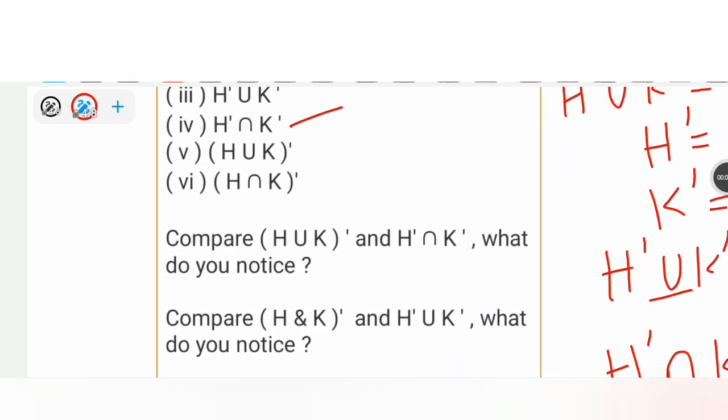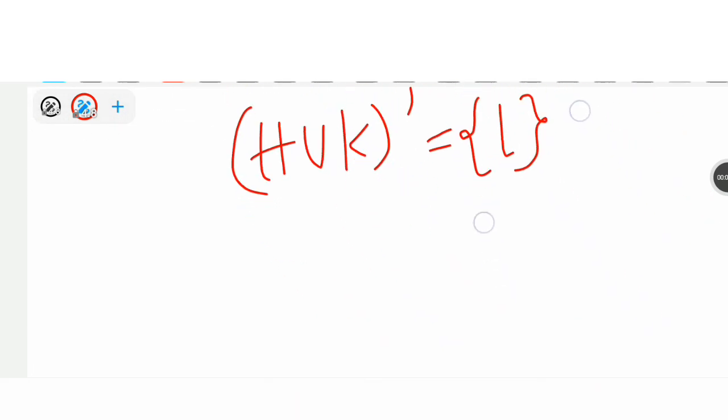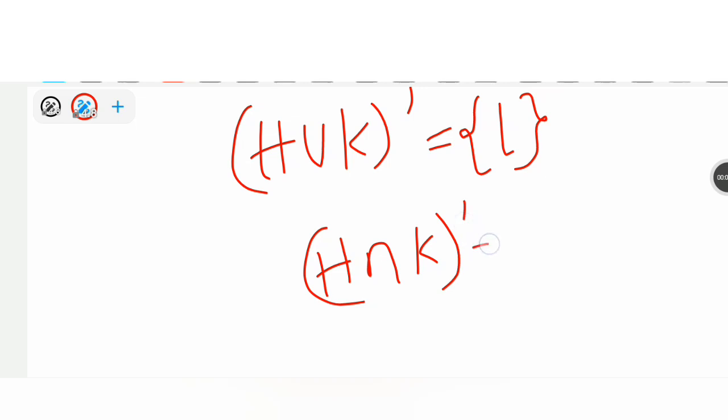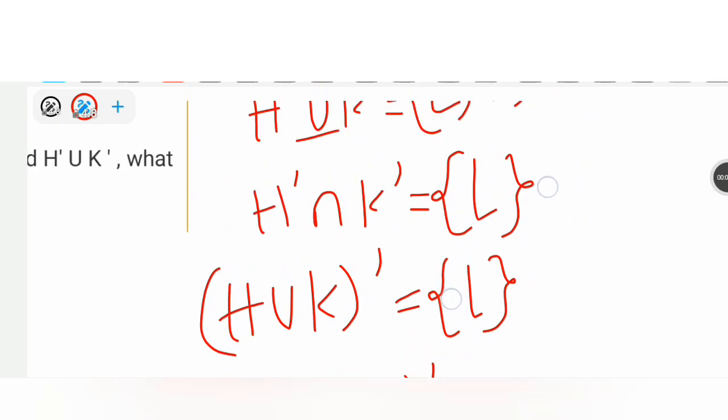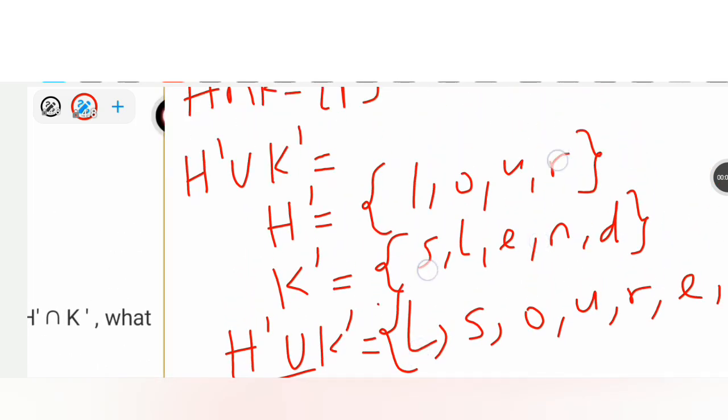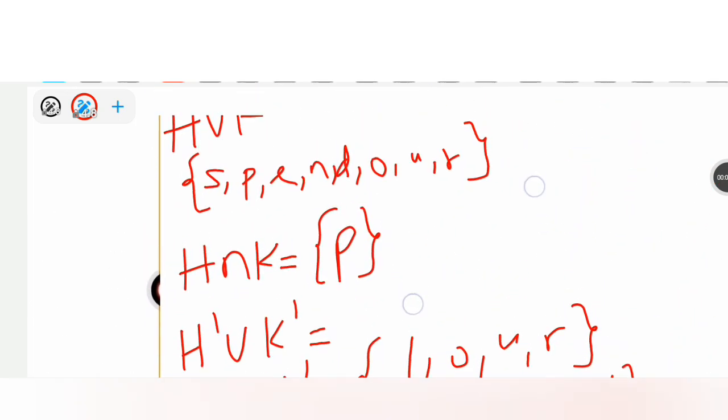And the last one, H intersection K prime. H intersection K, you have to prime it. Now look for your H intersection K. I think we've done it before. H intersection K, I think that gave us P. But we have to prime it now.